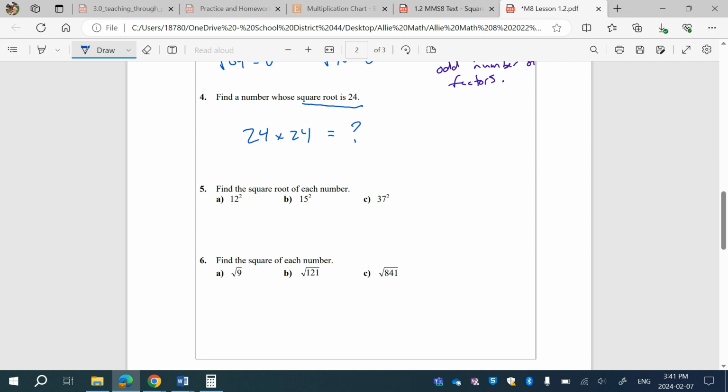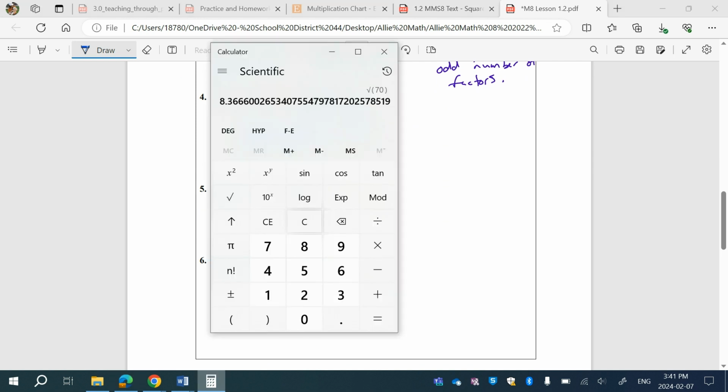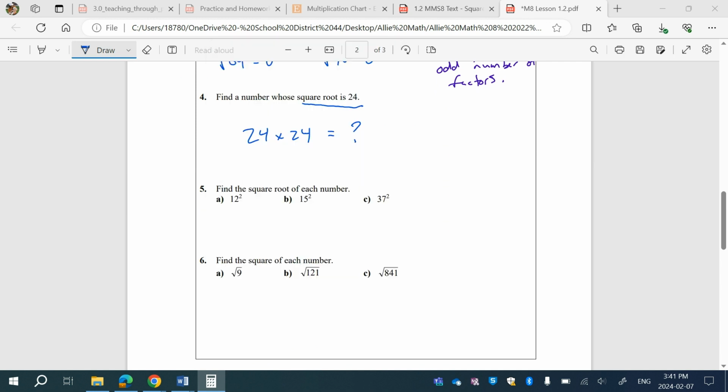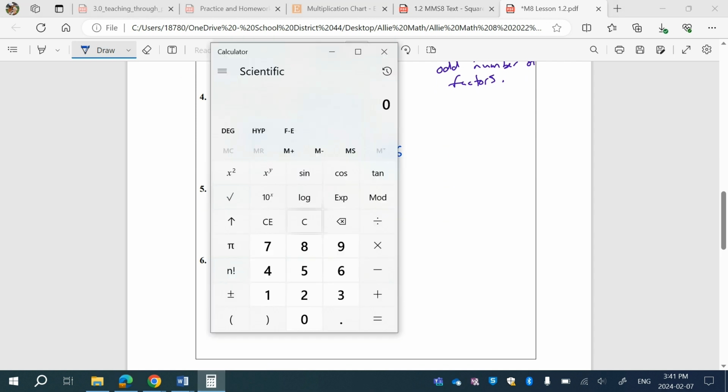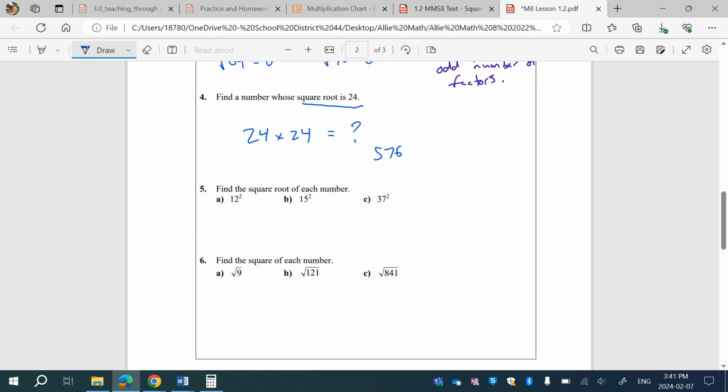Because that's what the square root is, remember? It's finding what times itself would equal that. So all we have to do is just go 24 times 24, and we get 576. We can check this answer. We can go 576 square root equals 24. So we know that to be true.